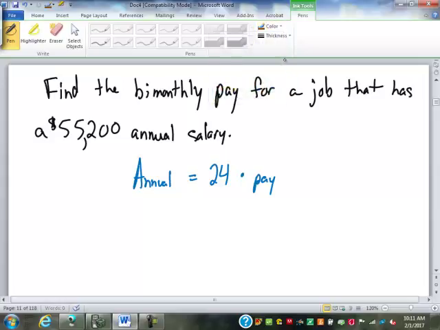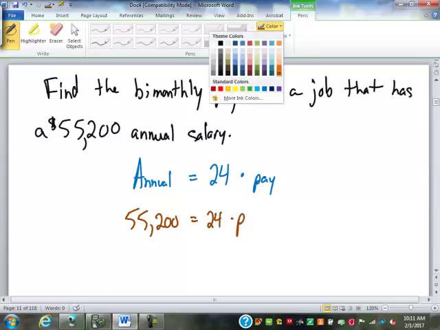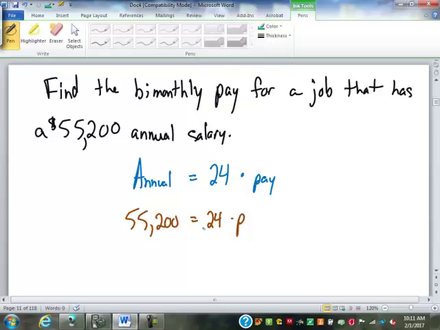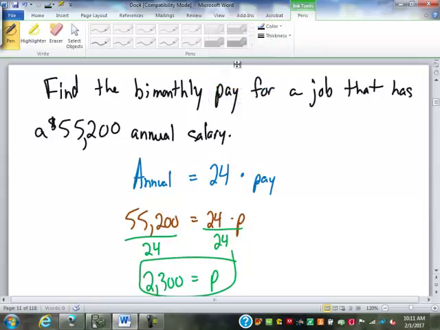So 55,200 equals 24 times P. We'll solve for P by dividing by 24, which is 2,300 bucks. And of course that's gross pay. That's before they take all the other stuff out.